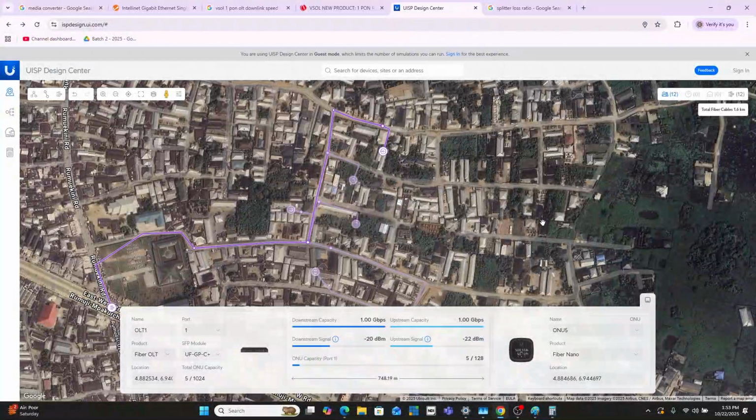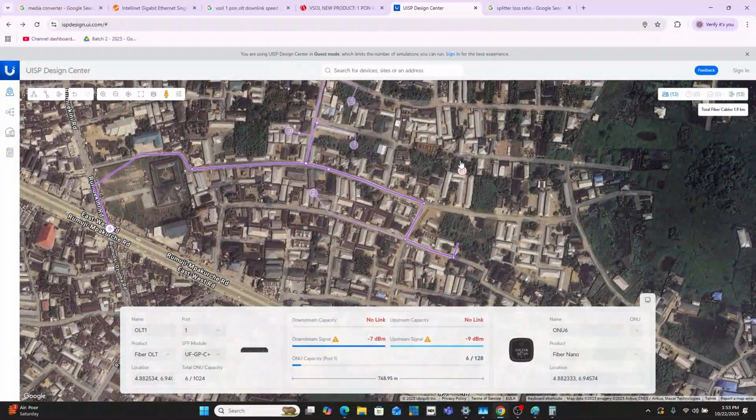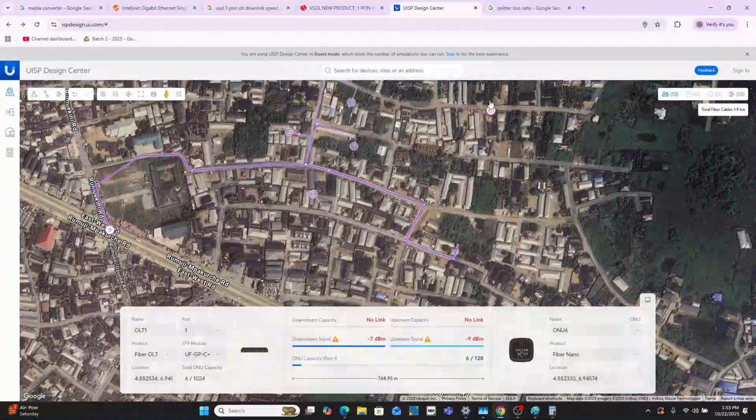It's a big zone. So maybe let's assume another 10 customers. So from our first 1 by 8, we have 8 ports, 3 left. So add another one. To sit here. So that one will go straight down for these people here.